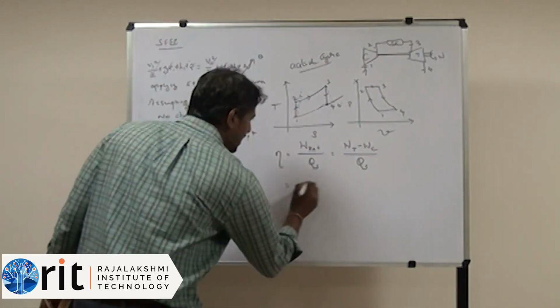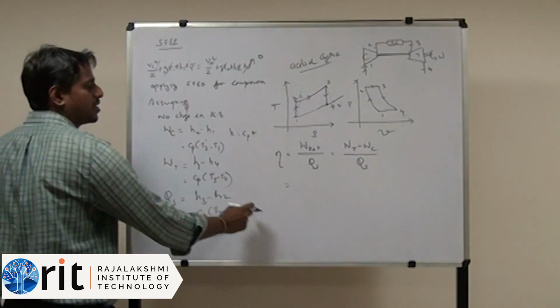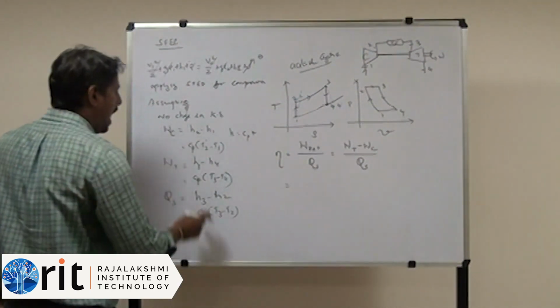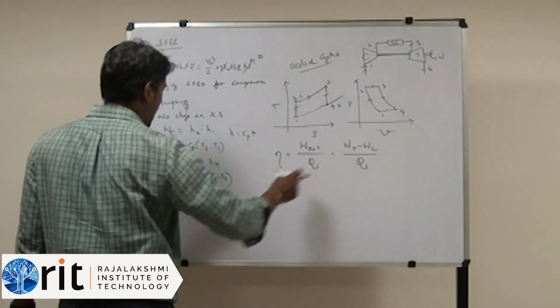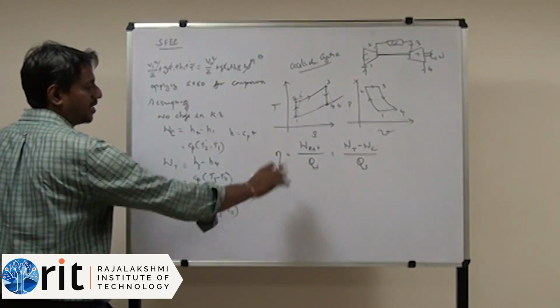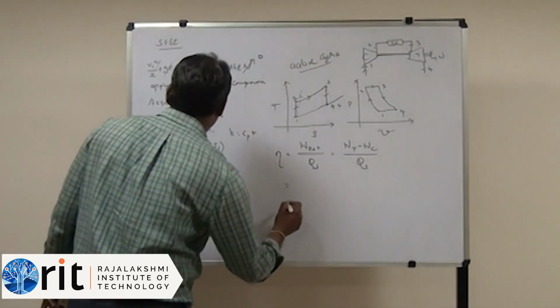Now, I am rewriting this equation. I am going to substitute WT is equal to Cp into T3 minus T4 dash, and WC is equal to Cp into T2 dash minus T1, and QS is equal to Cp into T3 minus T2. That is what I am going to substitute here. So what happens to the equation? Let us have a look at it.